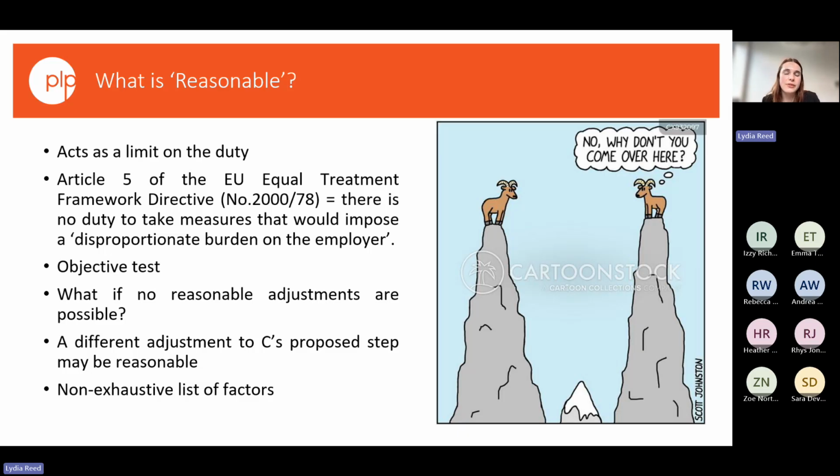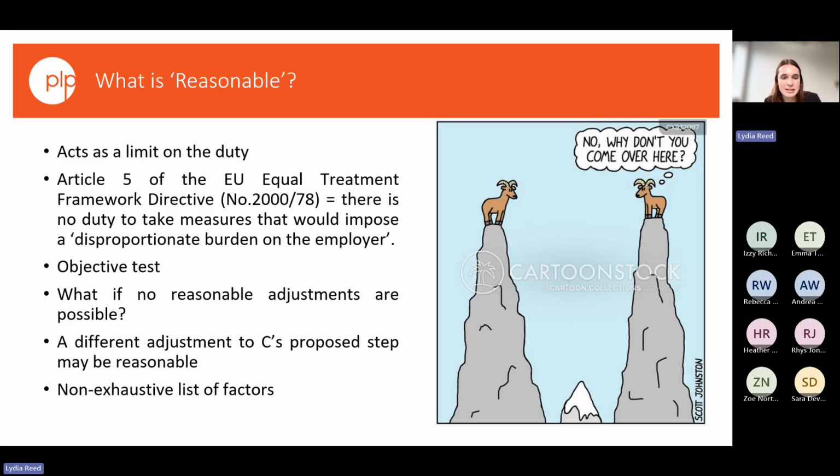So the tribunal, in making a decision, will look at the adjustment from the respondent's point of view, look at the adjustment from the claimant's point of view, and then make an objective determination as to whether the proposed adjustment is a reasonable step to make. So they must consider both parties' perspectives and weigh up that decision.